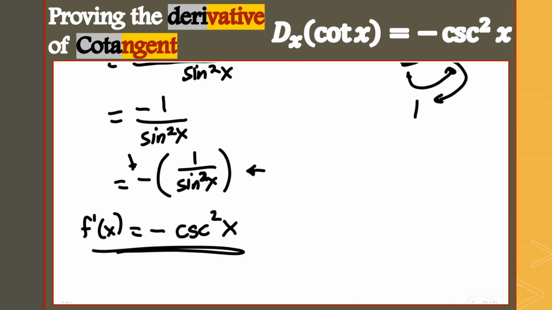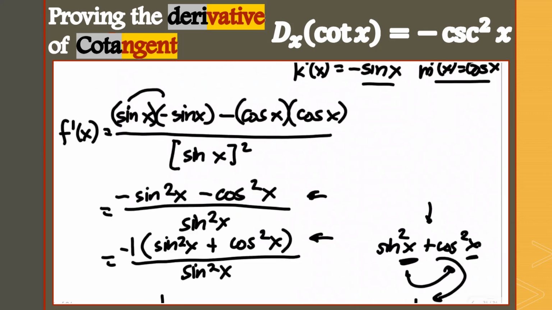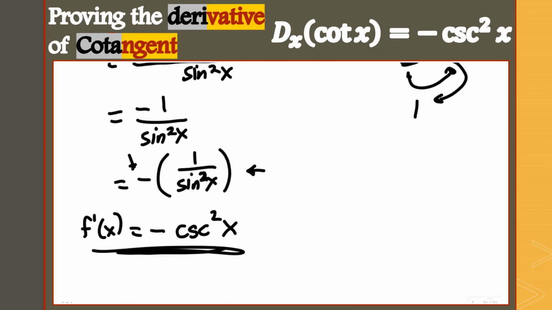This is already what we are trying to show in this video: from cotangent x, if we use cosine over sine as its equivalent and solve for its derivative, you will get a result of negative cosecant squared x. Hence, the derivative of cotangent x is equal to negative cosecant squared x.